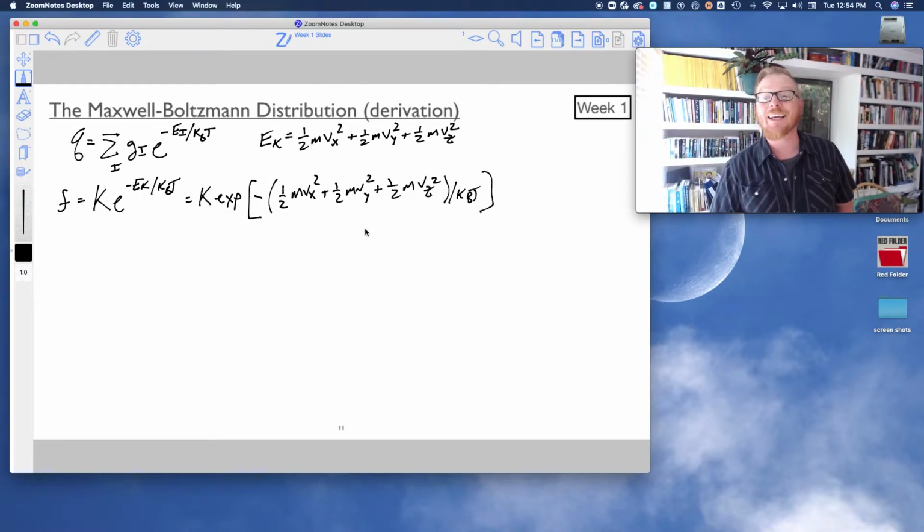Now I can take advantage of an algebraic trick with exponents.